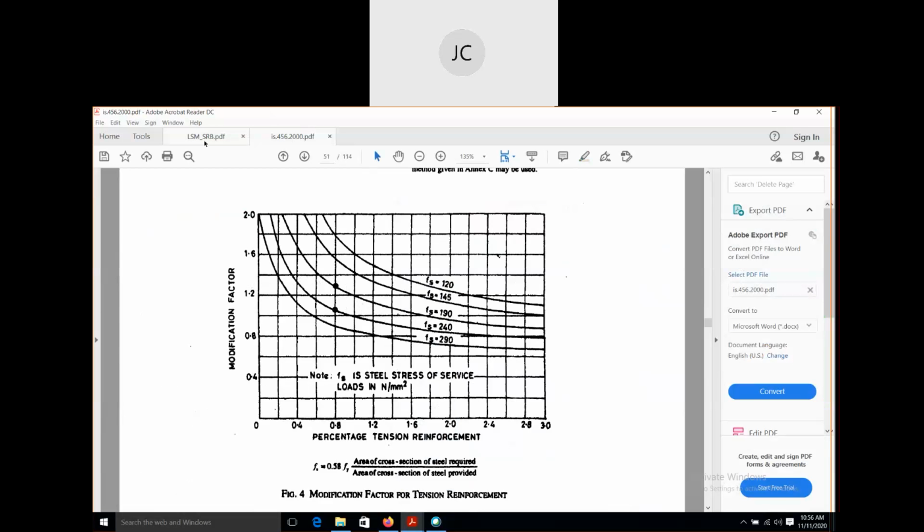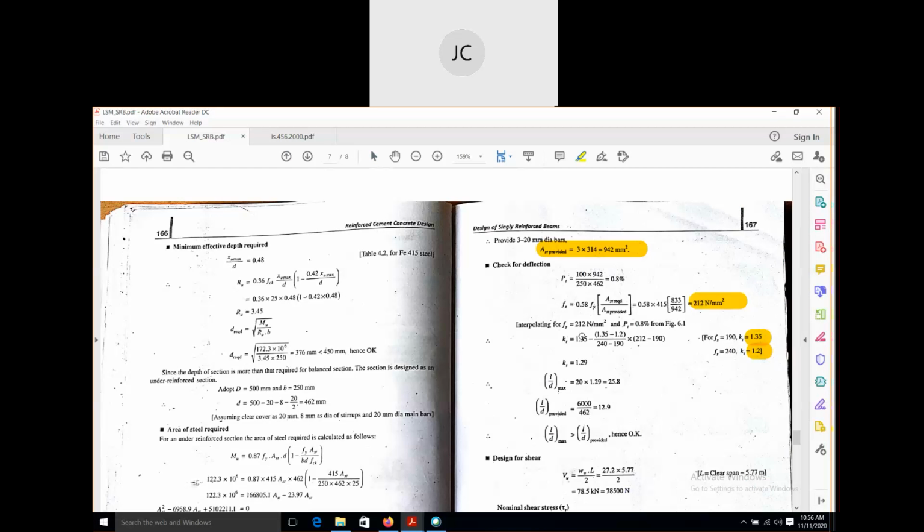So while doing the calculation, you can see here 1.35 minus, that means this is the deducted portion. This procedure is known as interpolation. That means if two values are given, and you need one value between those two given values, whatever procedure is followed, that procedure is known as interpolation.